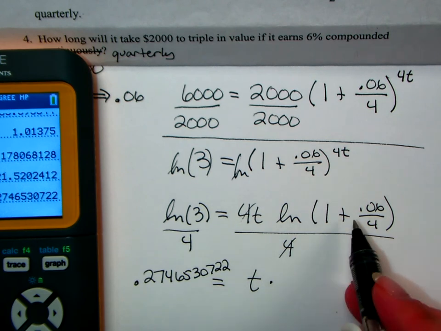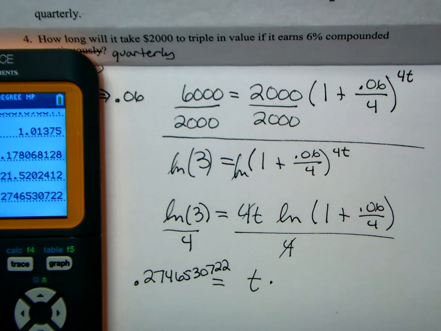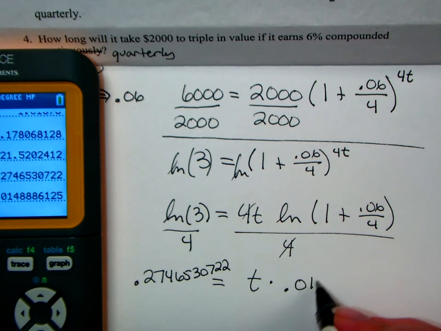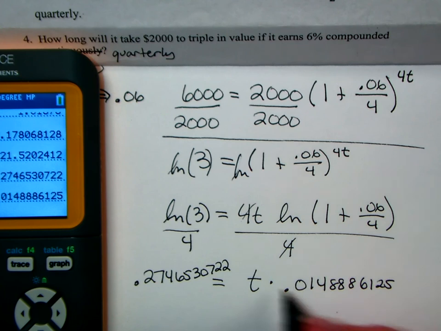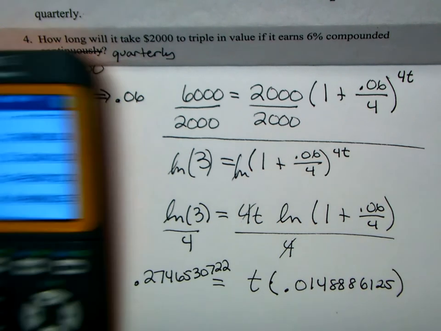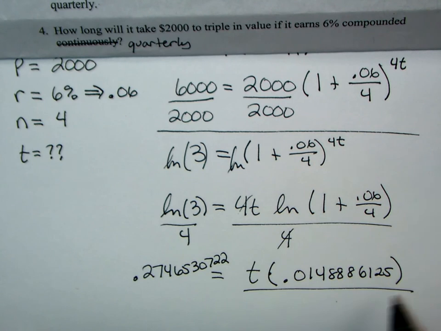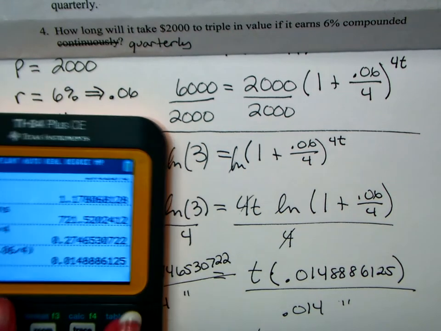This is just a number, so I'm going to type that in and figure that out. So ln of 1 plus 0.06 divided by 4 is another decimal, 0.014. If I want to solve for t, I just need to divide by this 0.014 number on both sides. I'm going to use a calculator here.